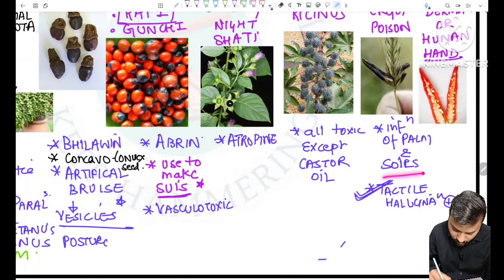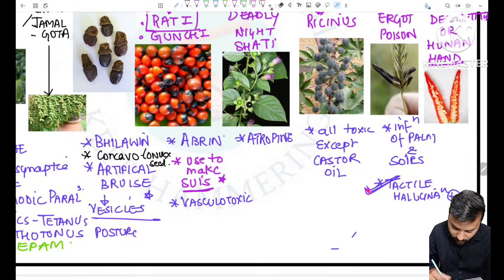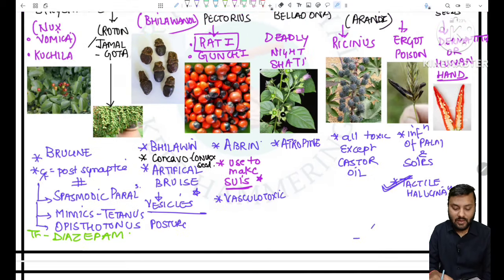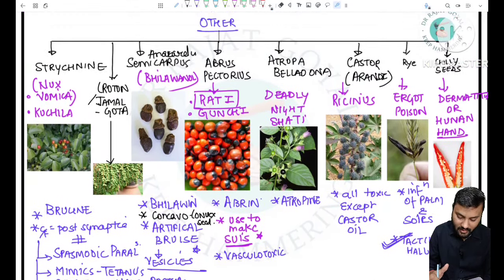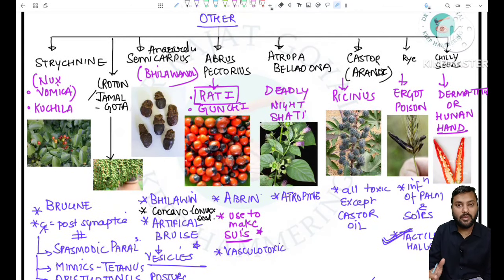Inflammation of the palms and soles will be there with rye poisoning, and tactile hallucination will be there. We have seen that tactile hallucination is also present in the case of cocaine bugs. So here also we can see tactile hallucination. It is important, if a question comes that tactile hallucinations are seen in, we have to mark both answers. So it will be a type of multiple choice answer.